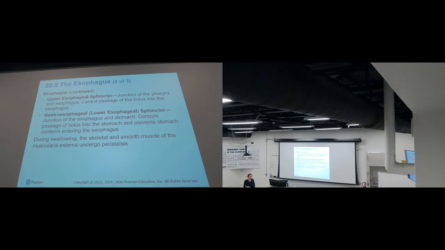And if this is chronic, the lower part of the esophagus can change its epithelium. Instead of being a stratified squamous epithelium, it will transform into the stomach epithelium, which is simple columnar with goblet cells.